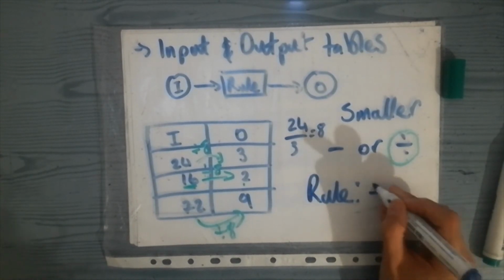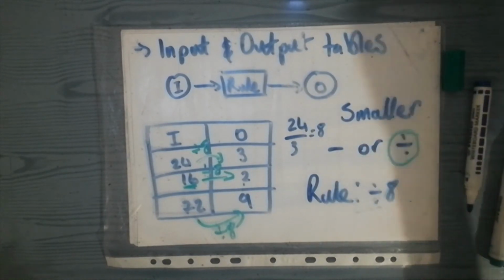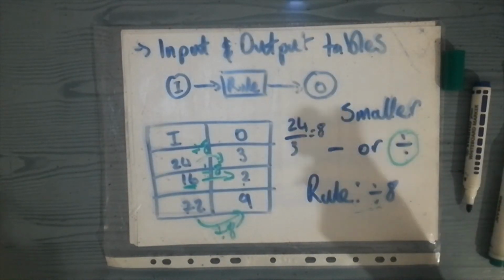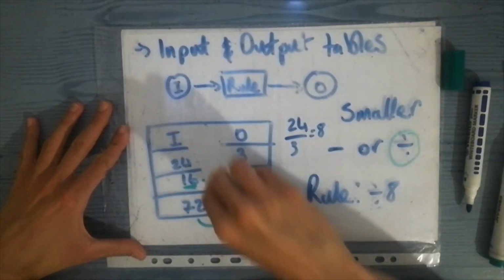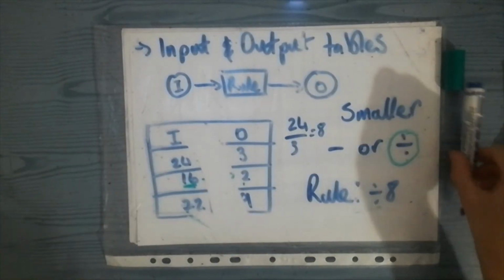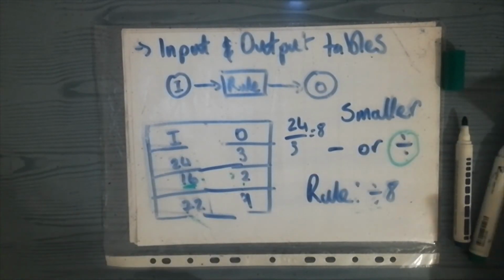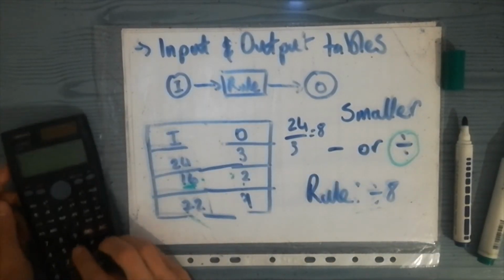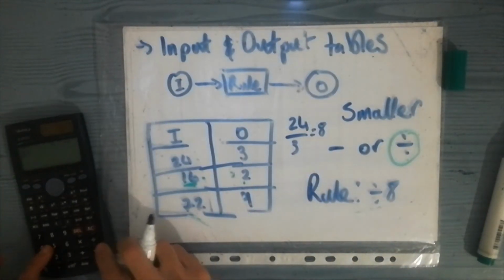is division by 8. It definitely can't be a minus, guys. You're going to say, but miss, why not minus? Just in case you are thinking that way, let's try it with the minus very quickly. What should I minus from the 24 to make it a 3?